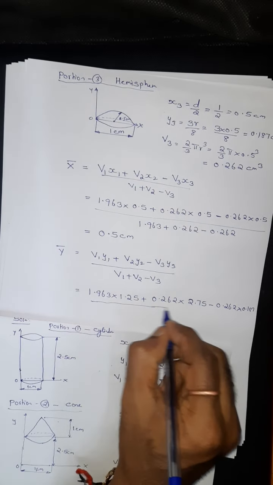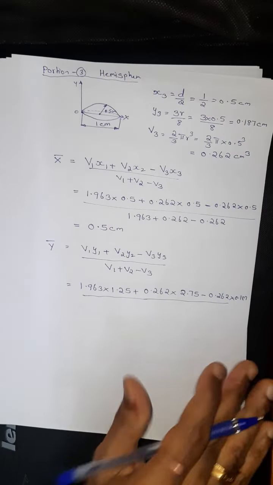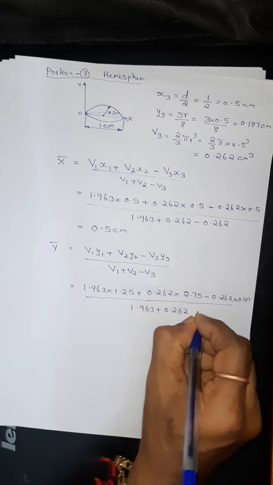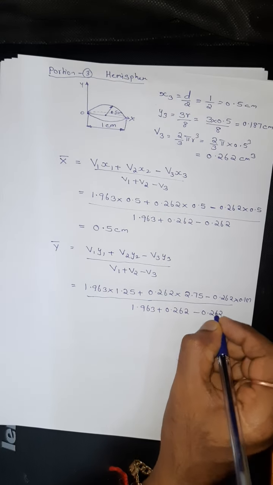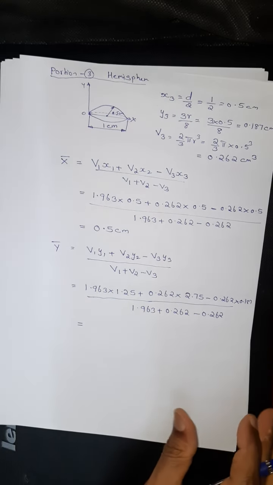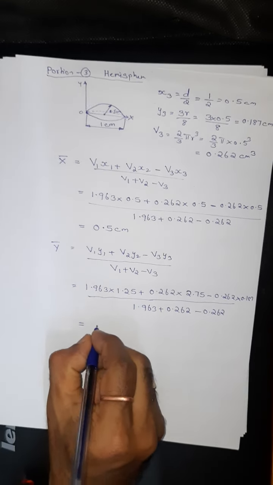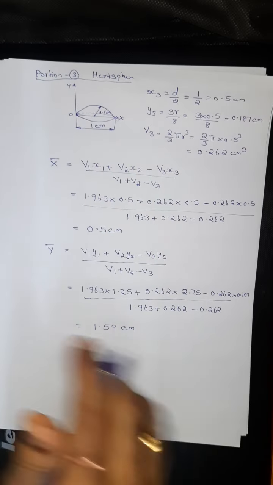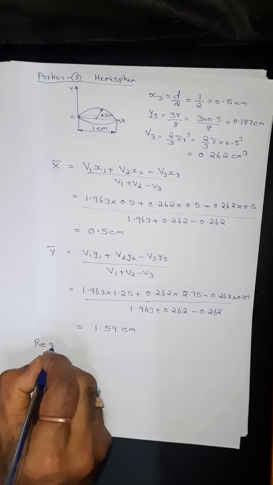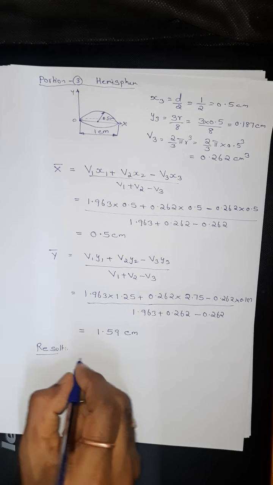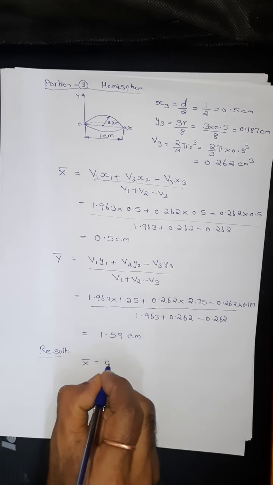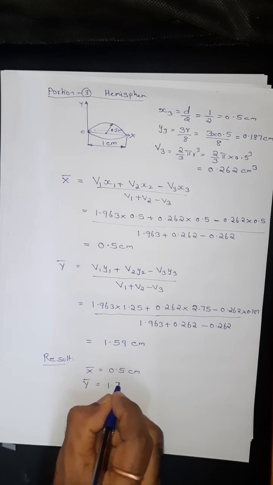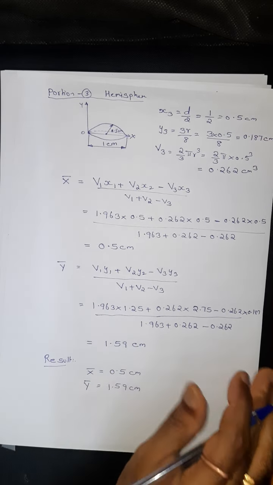The sum of the volume can be 1.963 plus 0.262 minus 0.262. If you just feed these values in your calculator, you will get roughly 1.59 centimeter. So at last what you have to do is mention the result. So result x bar equal to 0.5 centimeter and y bar equal to 1.59 centimeter.